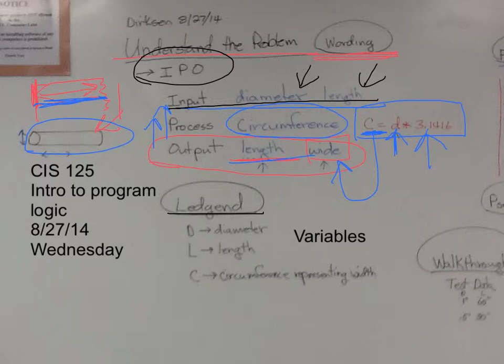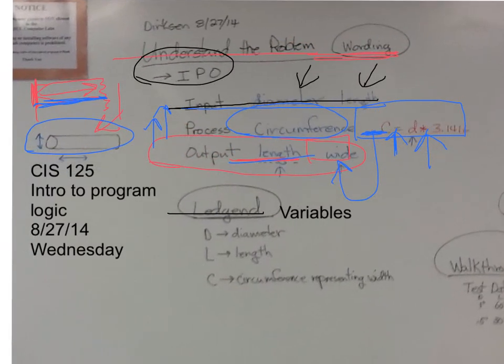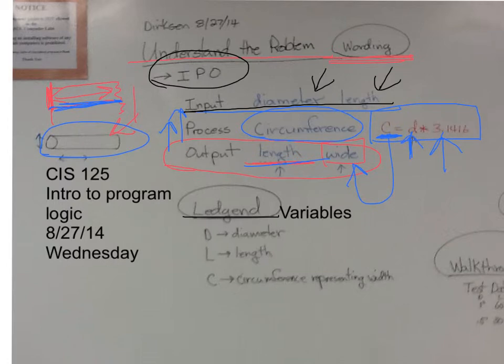Probably you could think of this more so as storage locations. I'll maybe move it a little bit more here. Okay. So we have a processor that's going to do the work, and then we have memory.